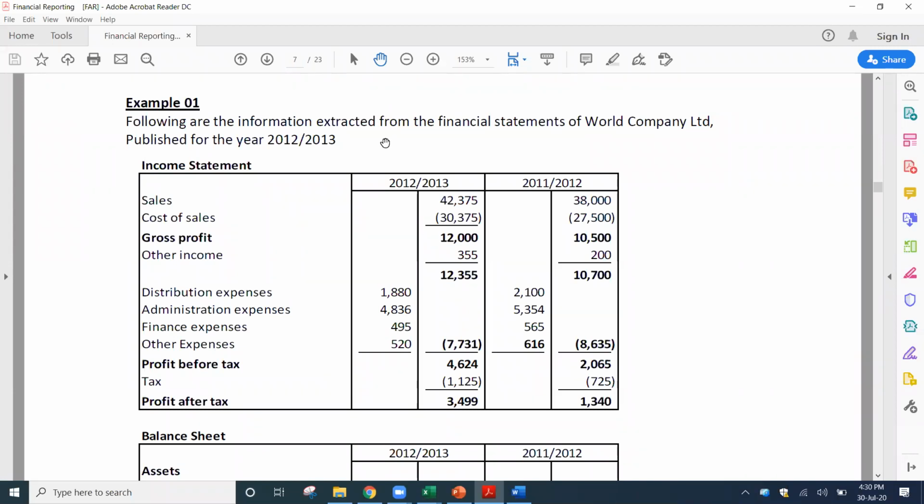So the first ratio I'm going to do is gross profit ratio. So what is gross profit ratio? It is equal to gross profit over sales into 100%. Gross profit ratio is equal to gross profit divided by sales into 100%.